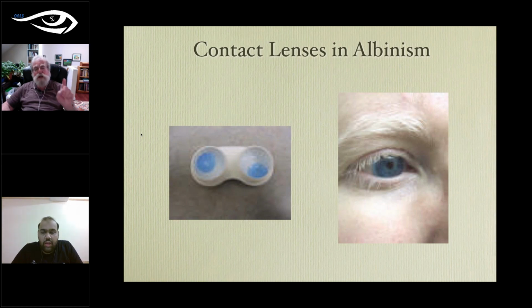Okay. Actually, I should mention one thing about the contact lenses here. And I said that absolutely there is huge amounts of photophobia in these individuals with oculocutaneous albinism. And of course, the question somebody I'm sure has asked or will ask or should ask is, how about ocular albinism? Are they photophobic? And the answer is, generally speaking, no, they're not.